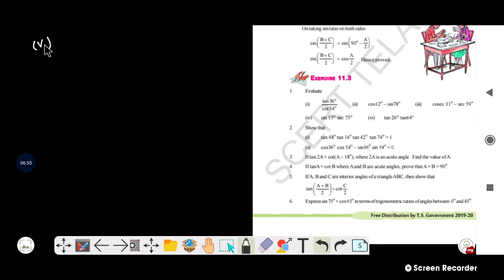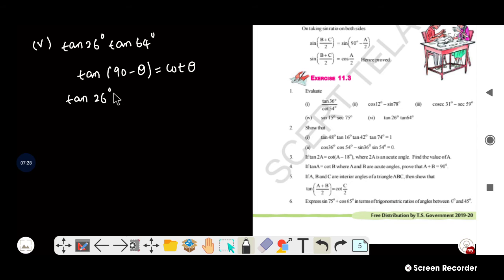Fifth question, tan 26 degrees, tan 64 degrees. Okay, so here I am going to write that is a tan value again. Formula, tan 90 minus theta is equal to cot theta. Okay, now here I will write it. Tan 26 degrees into tan 90 minus 26.